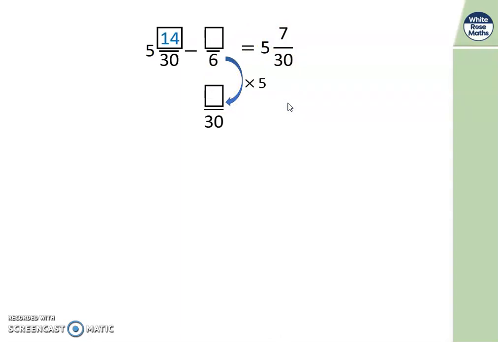Could I have 14 here? 14 take away 7/30ths would leave me with 7. But could this be 7? No, because it will not divide and go back up. Won't divide by 5. So it can't be that.